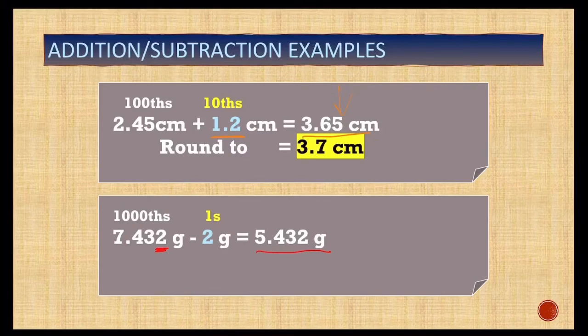And then the 2 that we're subtracting only goes to the ones place. So the value highlighted in blue is our least precise value, stopping at the ones place. So our final answer must also stop at the ones place. So we're going to round 5.432 grams to just 5 grams. And that is our final answer.